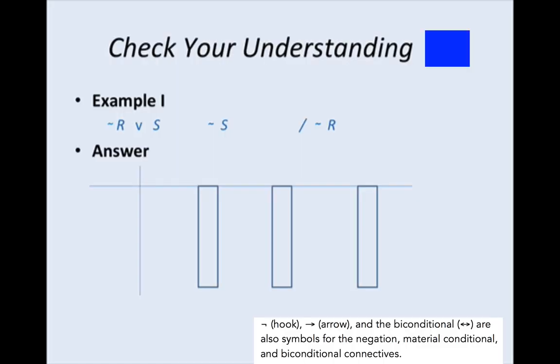All right, let's practice. We have two simple sentences, R and S. So we have two reference columns, and we lay out our values according to the standard method, which is the column to the far left takes half true, half false, and then the column to the right takes alternately true, false, true, false.